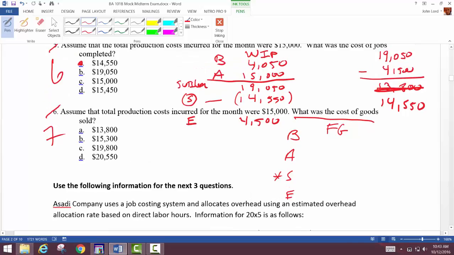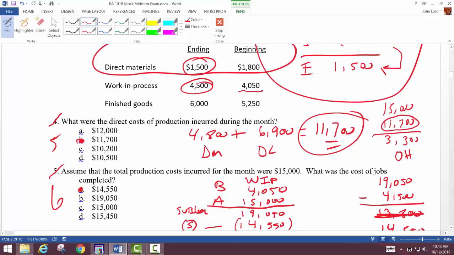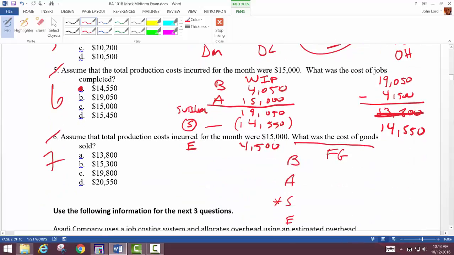Okay, so again, I go back up, I look at that table, and they give me finished goods. Beginning is 5,250, ending is 6,000, right? Okay, so 5,250, and what's the ending? 6,000.